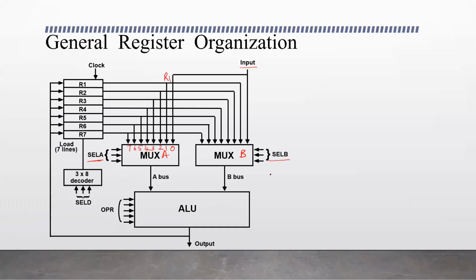And for the ALU to select one of the operations, the selection input is OPR, and it performs the operation and generates the output. The output generated can be either transmitted to the output terminal, or stored in one of the registers, the destination register. Here one destination register is selected by the decoder using the selection input SEL-D.